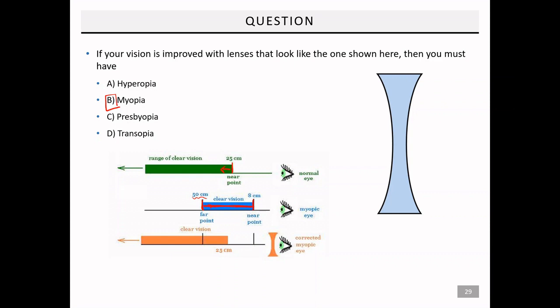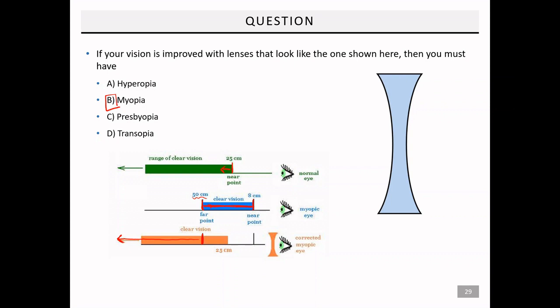When you put a diverging lens in front of your eye, that lens creates images of all the objects that you see further away. So it pushes all the images back. This actually pushes your far point back to infinity if your prescription is correct.